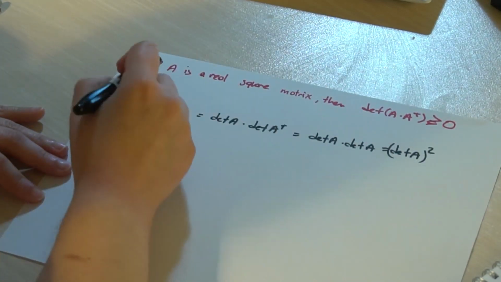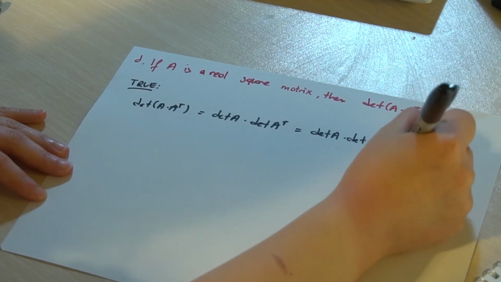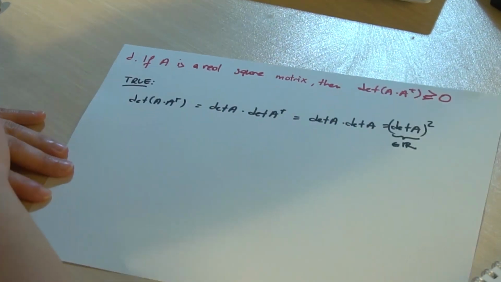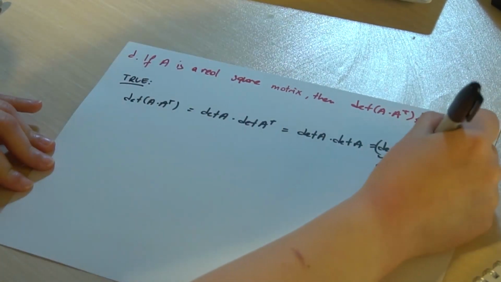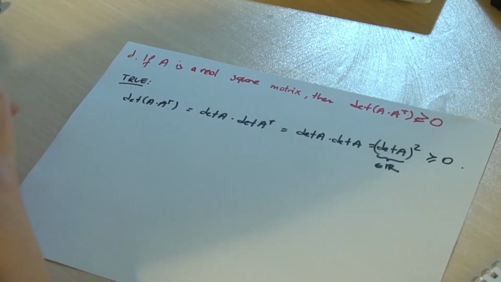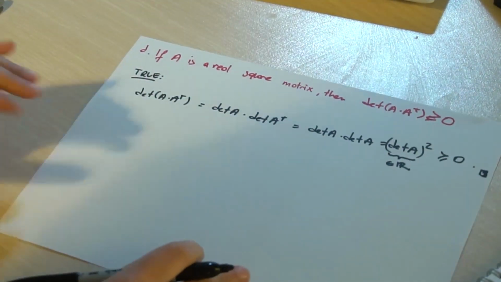And we know that A is real, so the determinant of A belongs to the real numbers. So the square of a real number is always greater than or equal to 0. This completes the proof.